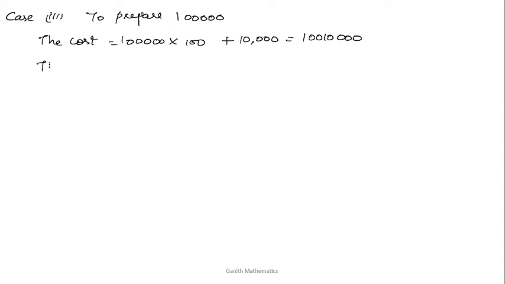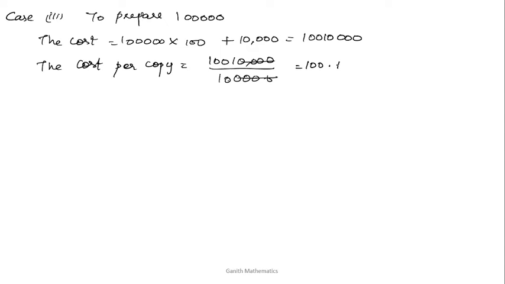So the cost per copy will be 1,10,000 divided by 1 lakh, and this will get cancelled. Okay, so it will be 100.1.